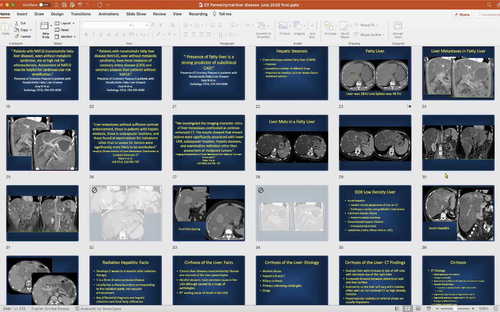You want to pick up subtle liver mets in patients who have significant parenchymal liver disease or fatty infiltration. It can be a bit trickier. At times you can get confused. You may have areas of focal sparing of the liver, or you may have focal fat, both of which individually can be confused with metastasis. So you need to be very careful in that regard.